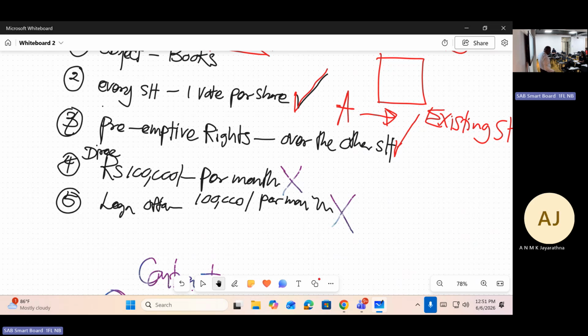Now, the articles of association say every director is entitled to receive 100,000 rupees per month as remuneration.